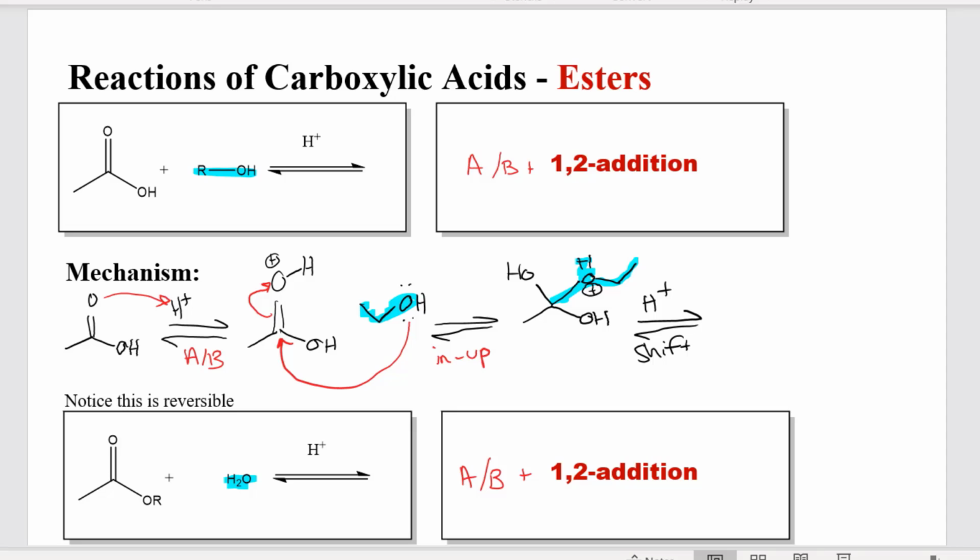Acid-base chemistry. So I'm going to shift it from the oxygen of the alcohol to the oxygen that was once the carbonyl. Doesn't matter which one you choose, they're both OHs. Now we're going to do down and out.